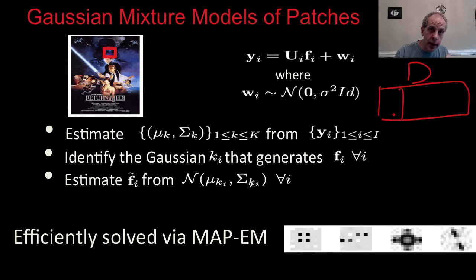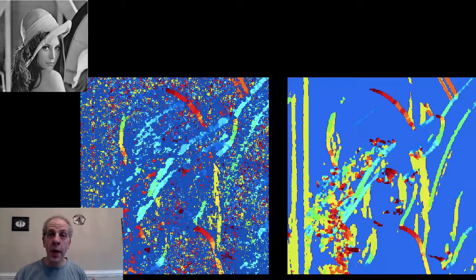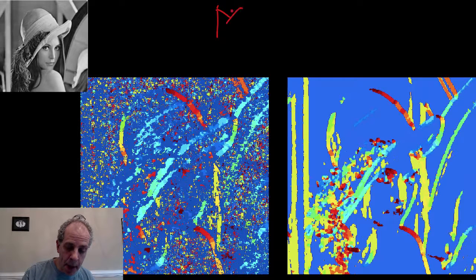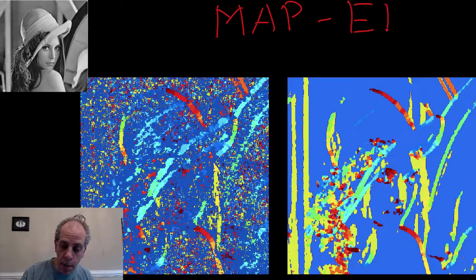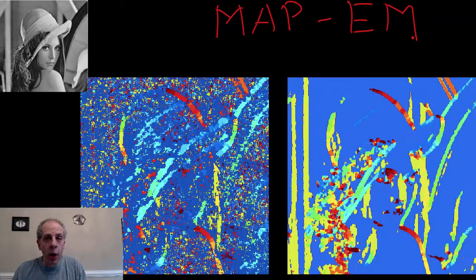Now, the MAP-EM alternates between the estimation of the Gaussian and estimation of the appropriate Gaussian for a given signal or for a given patch. So we are doing this maximum a posteriori expectation maximization, and that does more or less the following.